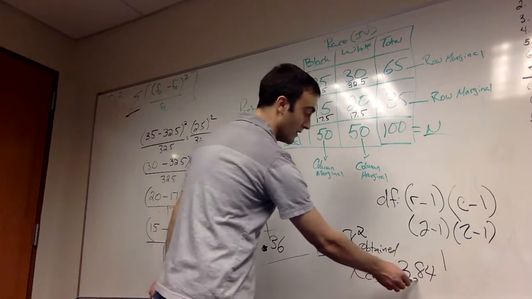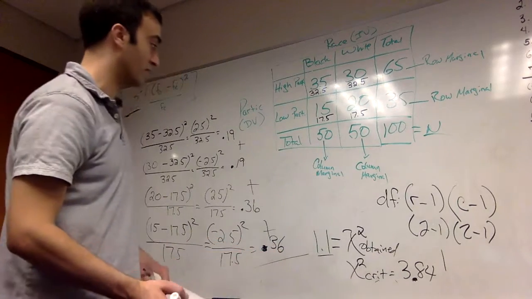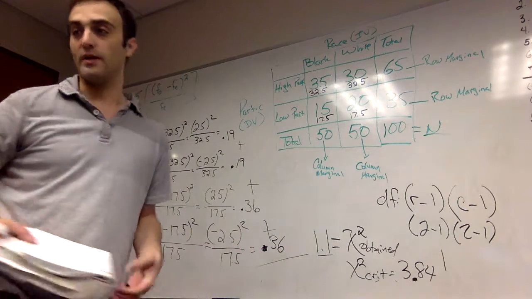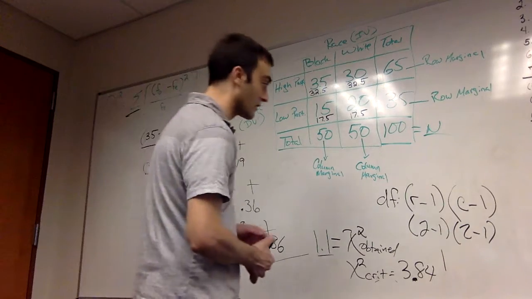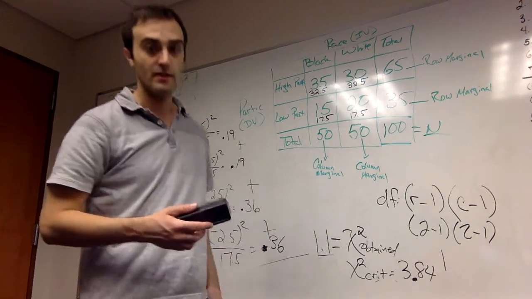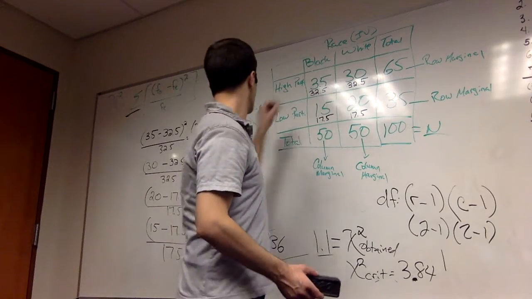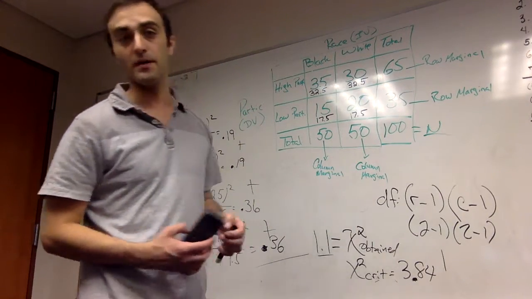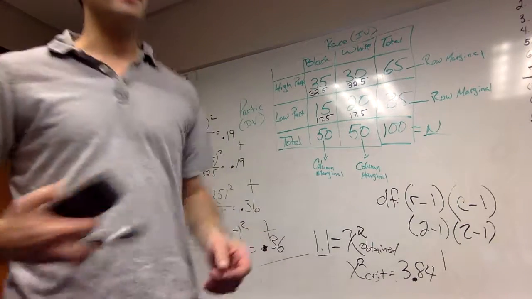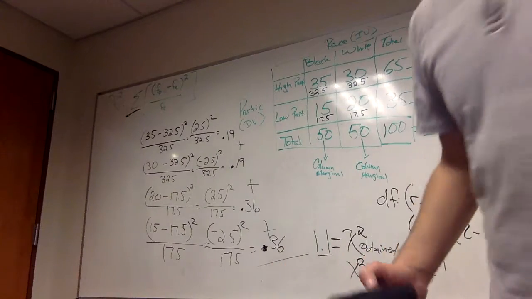So it does not meet or exceed that threshold of 3.84. And so we cannot conclude with 95% confidence that race and participation are related. We have to accept the null hypothesis of independence between the 2 variables.